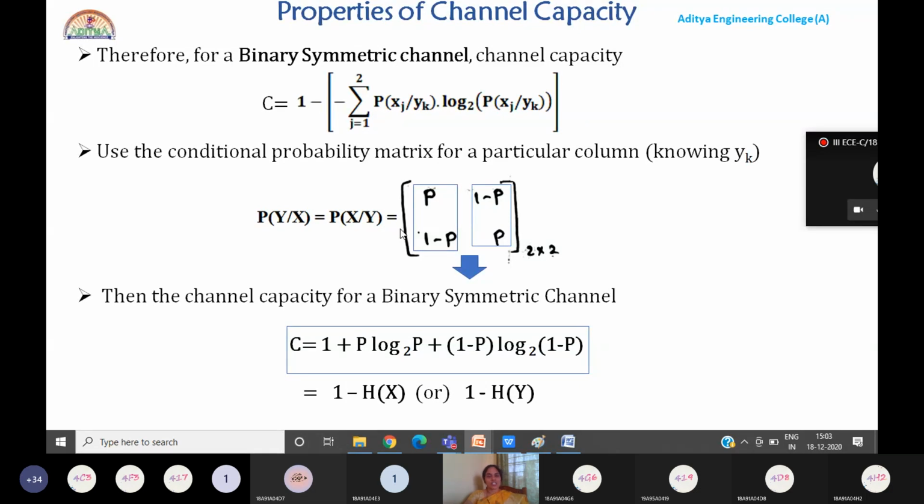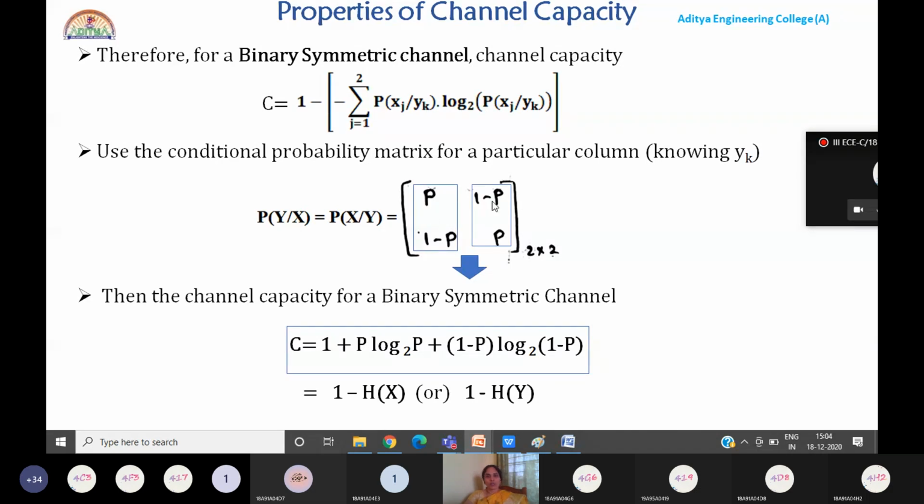You can fix either the first column or the second column, but you will get the same channel capacity because it consists of the same elements p and 1 minus p. So p log p base 2 plus 1 minus p log 1 minus p base 2. For the second column, it will be 1 minus p log 1 minus p base 2 plus p log p base 2. So both are the same.